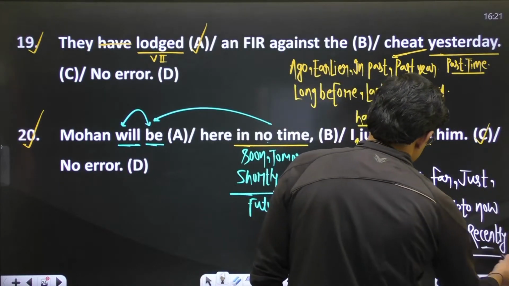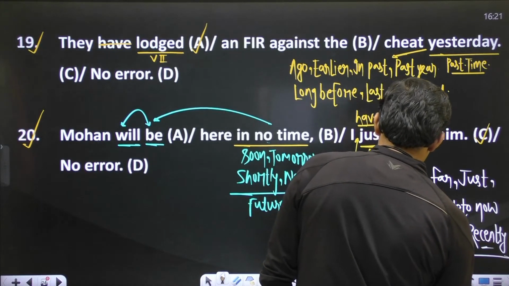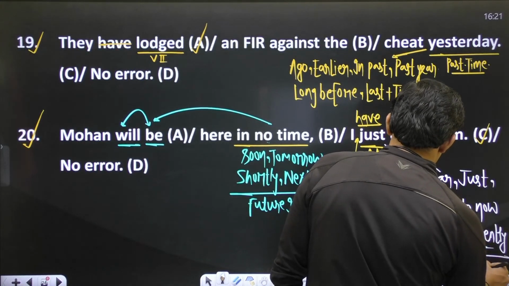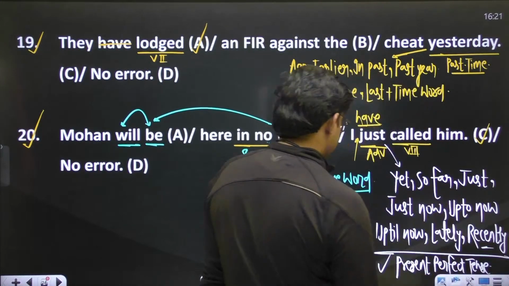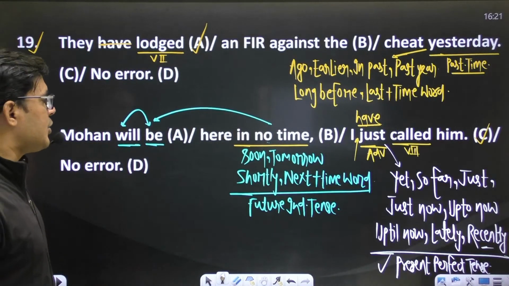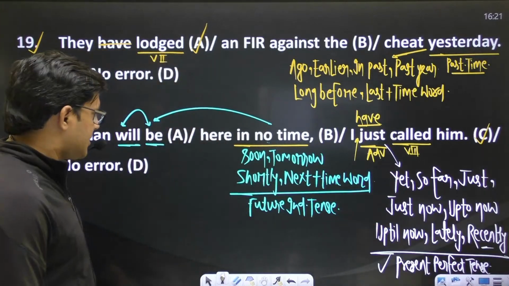These words demand present perfect tense. That's it, right? So the sentence will be, Mohan will be here in no time. I have just called him. The error is in part C.